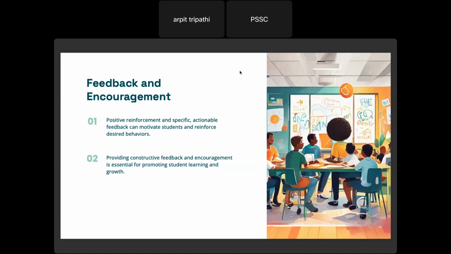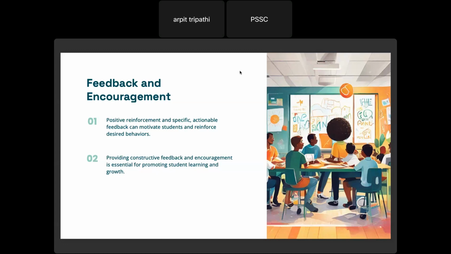Also, providing constructive feedback and encouragement is essential for promoting student learning growth. If you have to talk about the importance of feedback and encouragement in short, I would like to say that feedback and encouragement are essential components of effective teaching and learning. Why important?